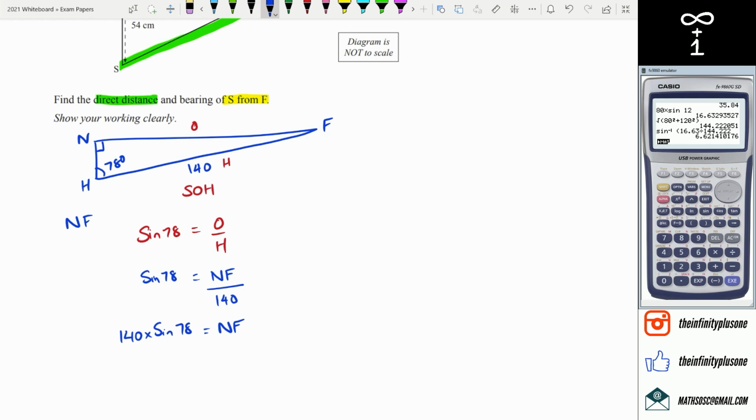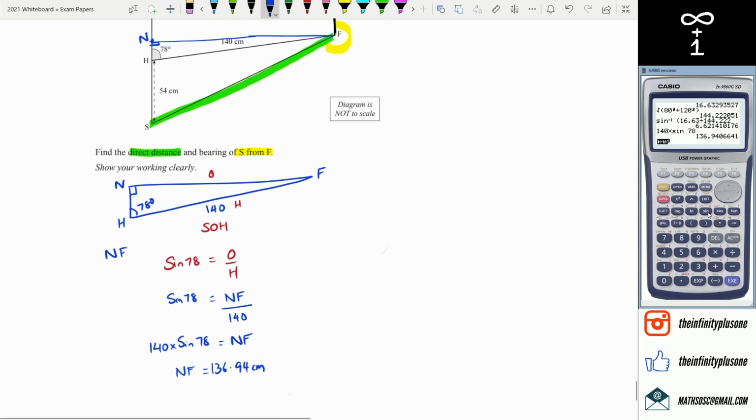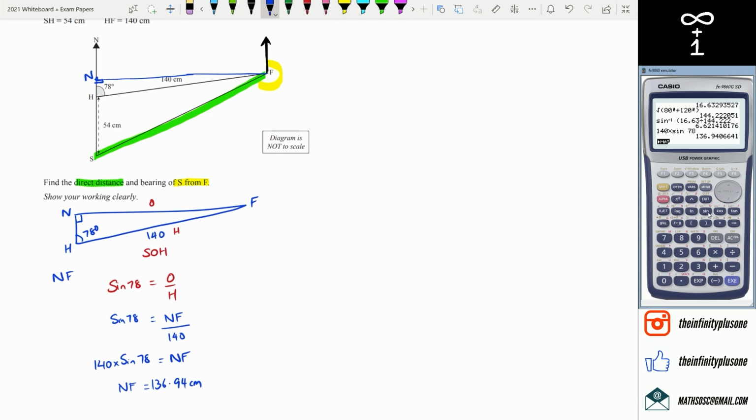So I'm going to go to my calculator and work out those numbers. I got 140 multiplied by sine 78, which gives me 136.94, so NF is 136.94 centimeters. I'm going to put that out here first.